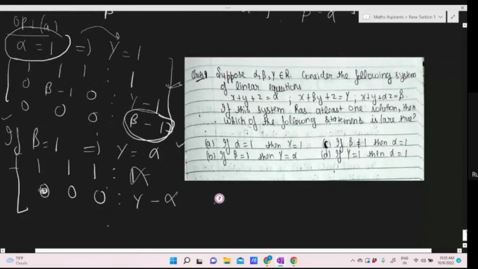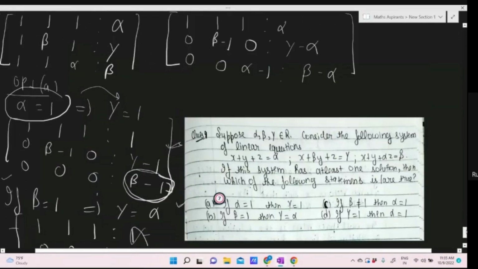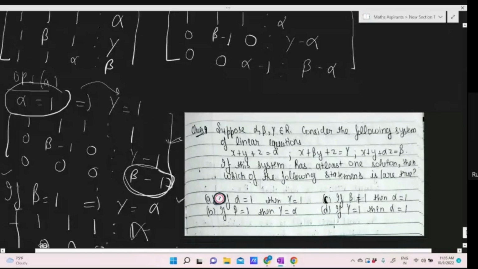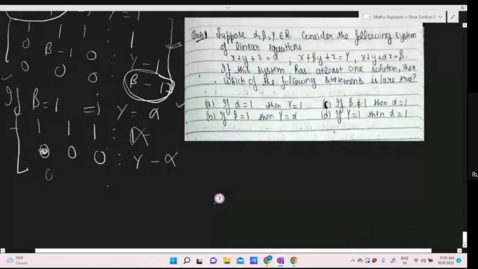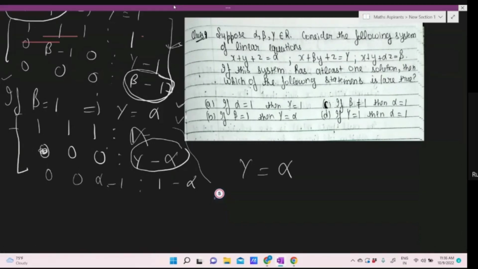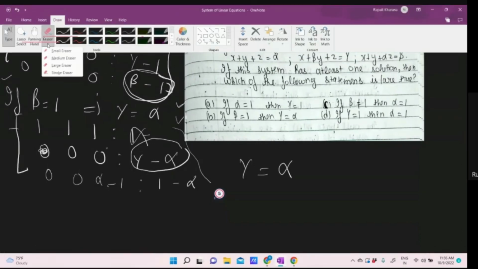And the third row becomes 0, 0, alpha minus 1 and 1 minus alpha. Now, for this system to be consistent, we must have gamma is equal to alpha. Therefore, option number B is also the correct option.